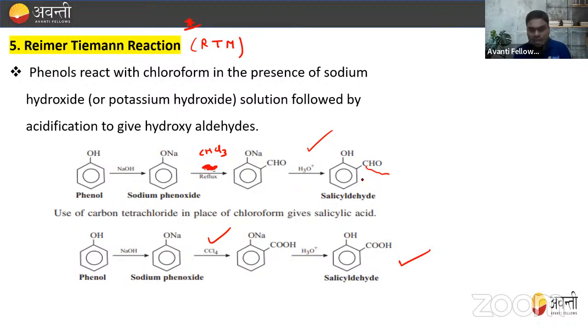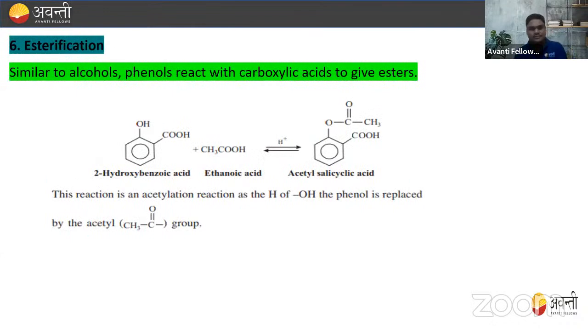If we have CHCl3, we'll get salicylaldehyde, and in this case we get salicylic acid, with the COOH group. So if you use CCl4, you will get salicylic acid, and if you are using chloroform, that is CHCl3, then you get salicylaldehyde. Okay? So this is all about the RTM reaction.